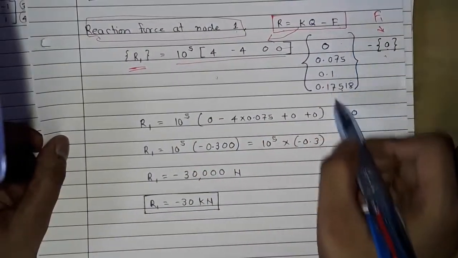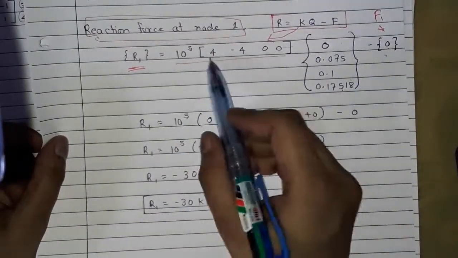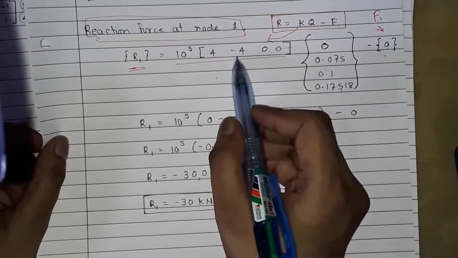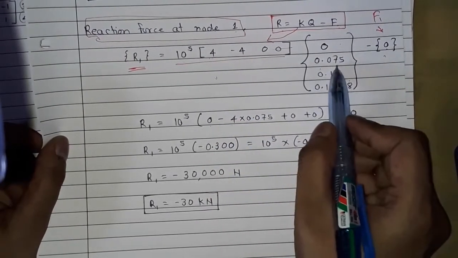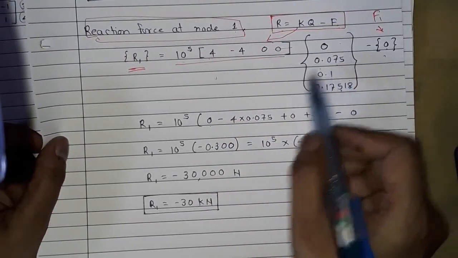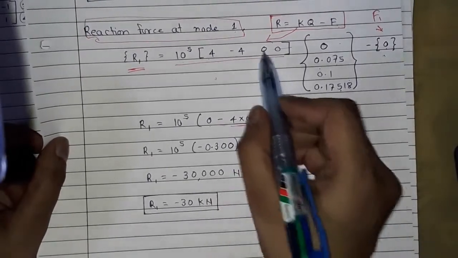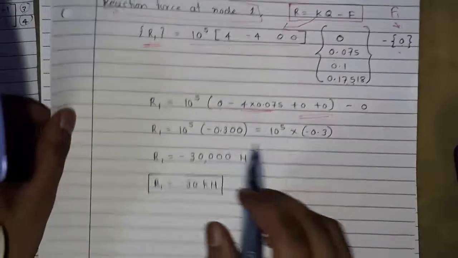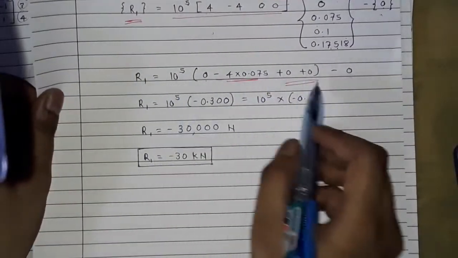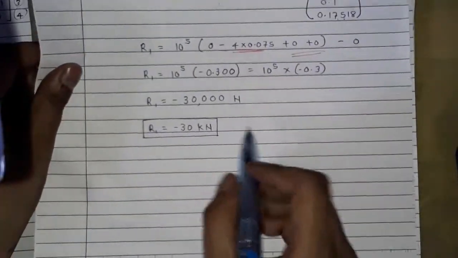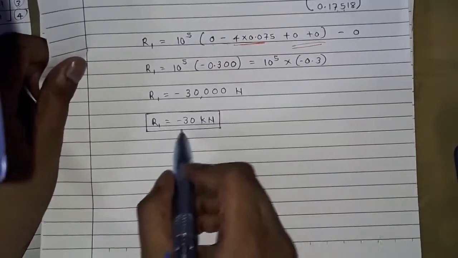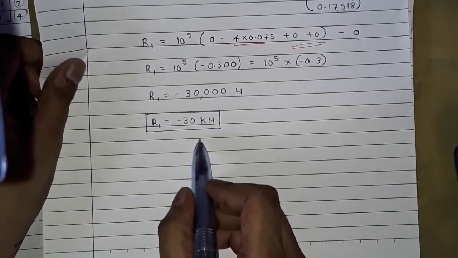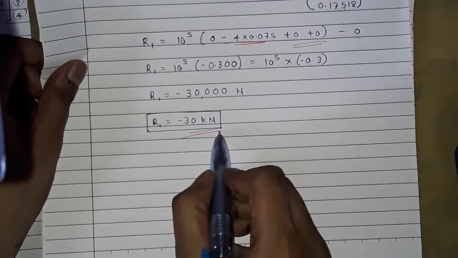First row first column: 4 into 0, minus 4 into this one, and 0 into this one is 0. After solving the equation, we got R equal to minus 30 kilonewton.